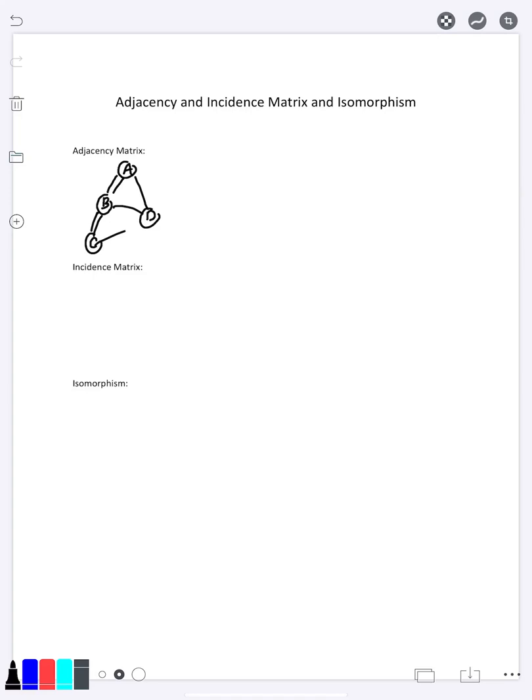So in this particular one, again, if I do my A, B, C, D ordering, then I would say A is connected to B twice, A is connected to C not at all, and A is connected to D once.